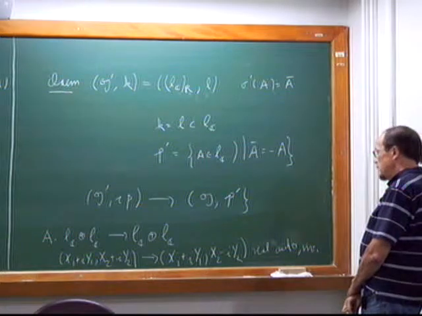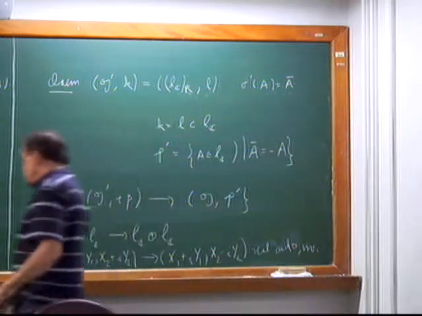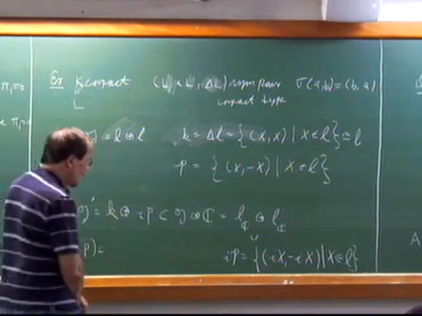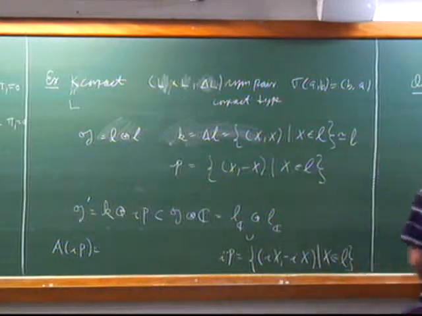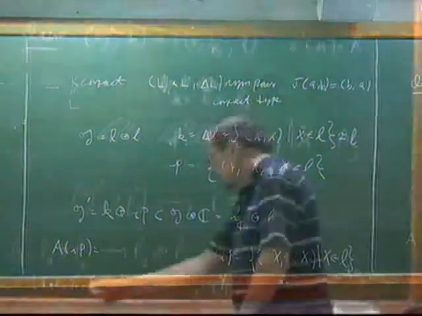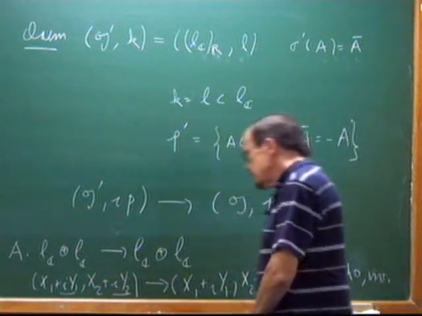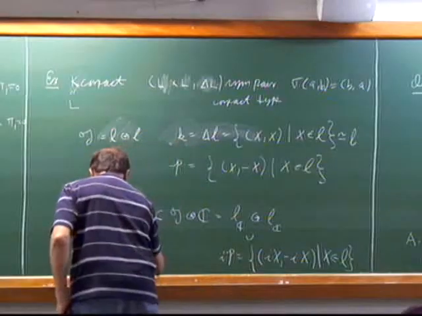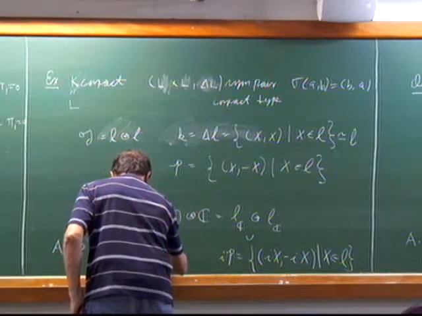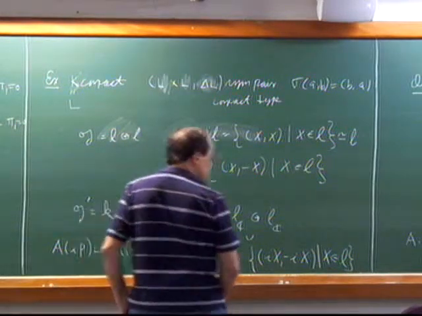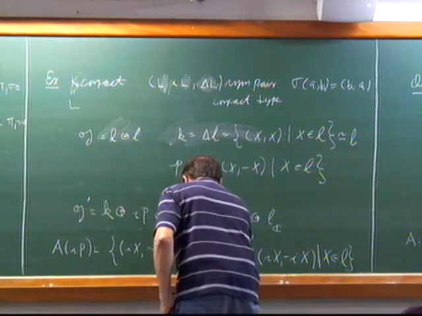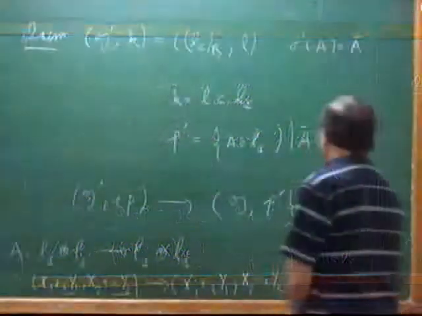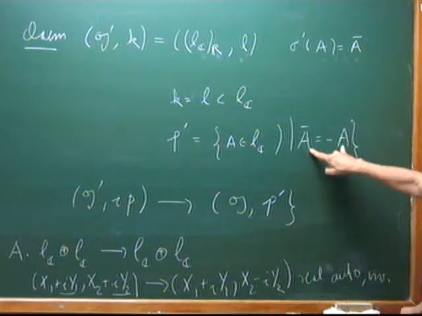But what is A of IP? IP was IX comma minus IX, so A takes it to IX, minus IX, where X lies in L. Notice that's what P prime looks like.